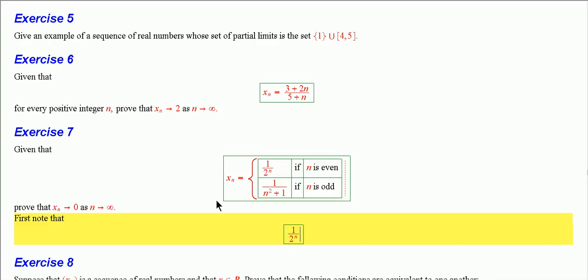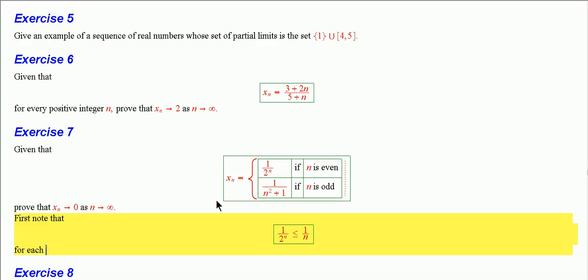Don't you believe the bottom is at least n? It's a matter of simple inequalities. I would like to mention that 1 over 2 to the n is never more than 1 over n. Is that reasonable? Right? For each n. I'm looking for easy things that are still small, you see, but easy.